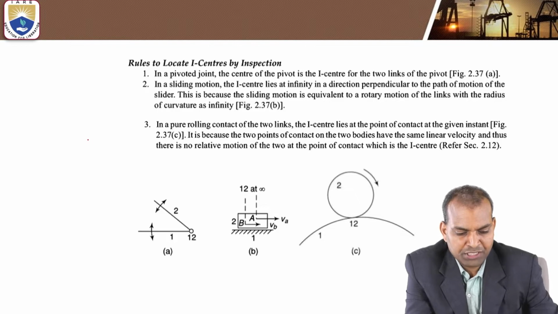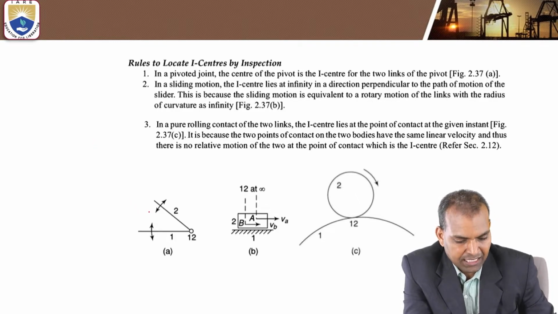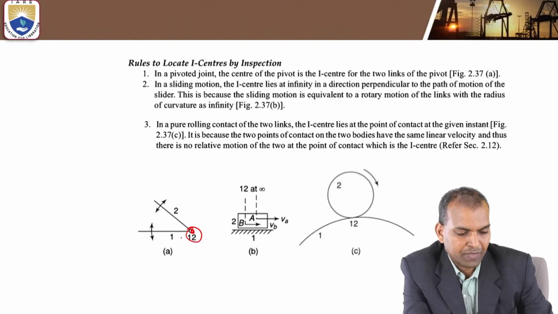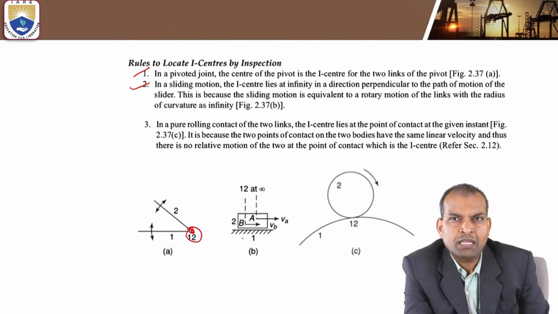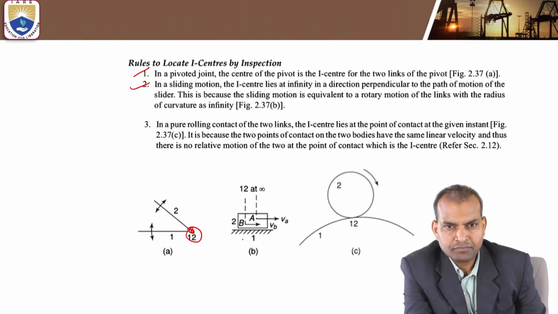In a pivoted joint, the center of the pivot is the I center for the two links of the pivot. This is the I center. And what is rule number 2? In a sliding motion, the I center lies at infinity, either in the upward or downward direction. Why?